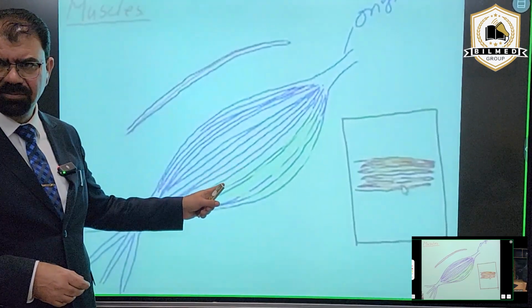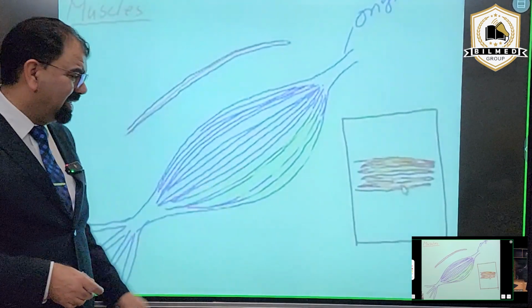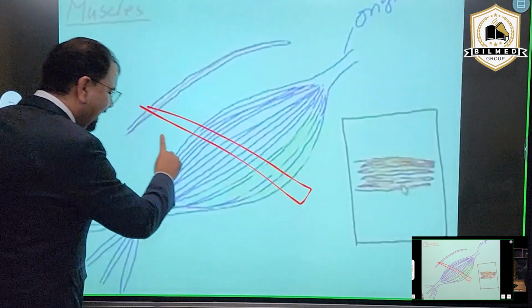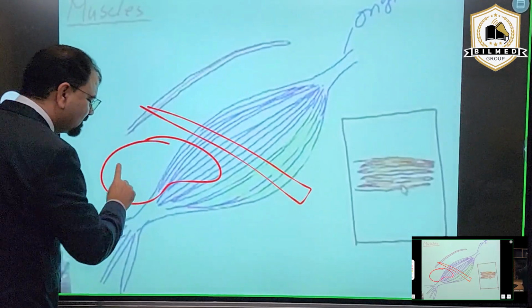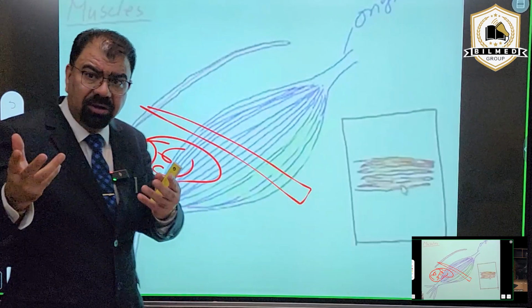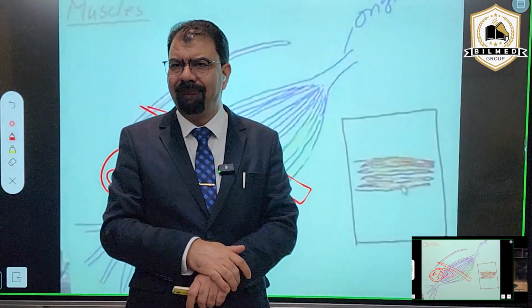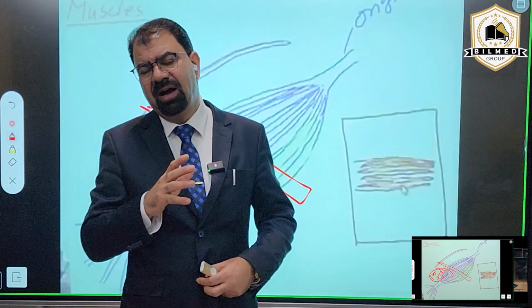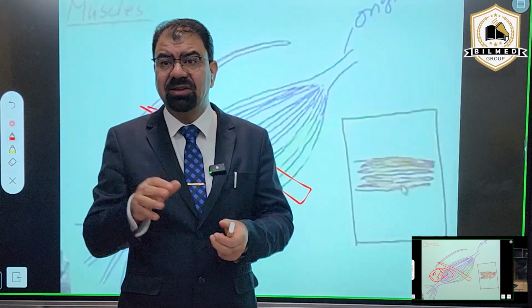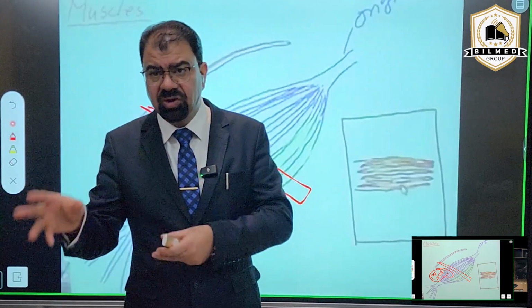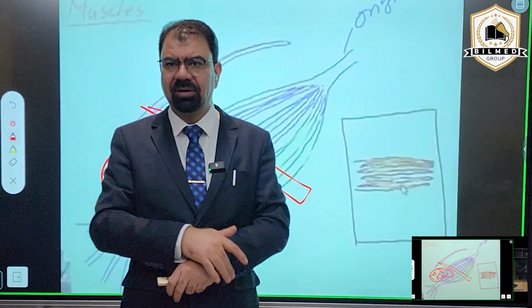Muscles. Muscles, if cut transversely, will look like a mass, sometimes like an ovary. And if I don't know that this is a muscle, I will very easily take it for an ovary, a mass, a hemorrhagic cyst, a dermoid, anything.